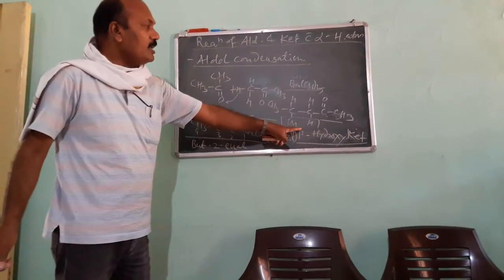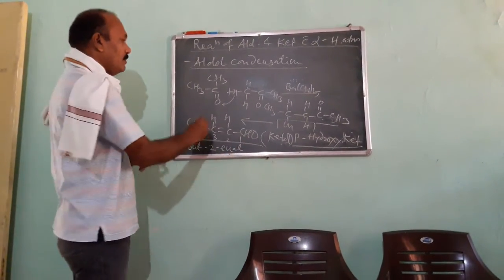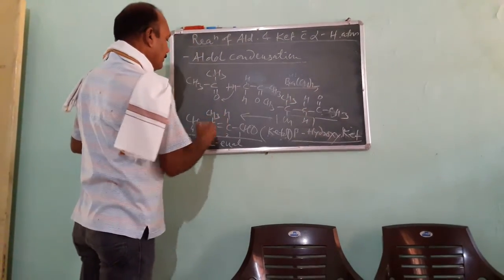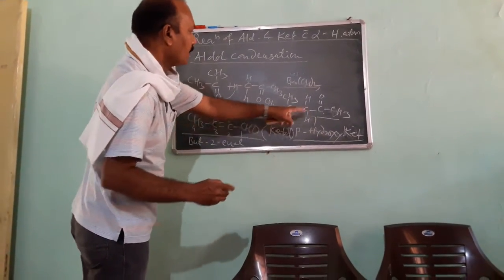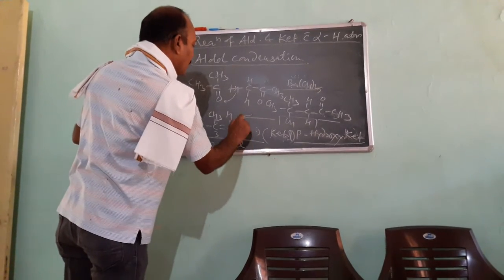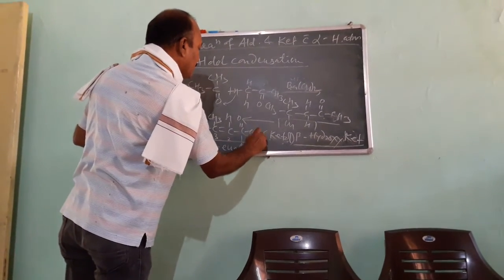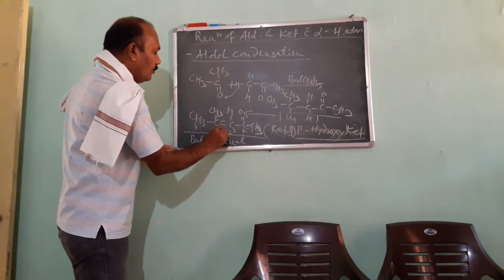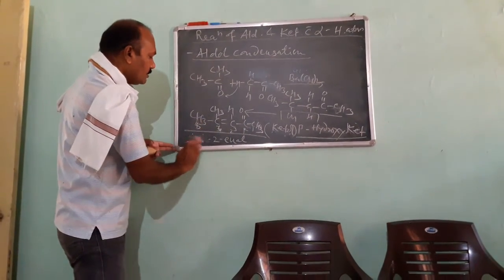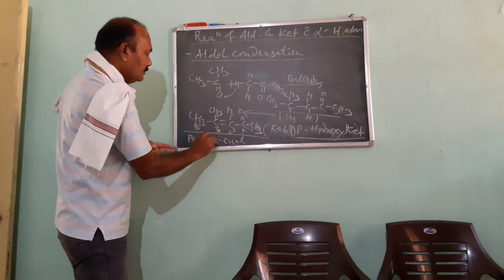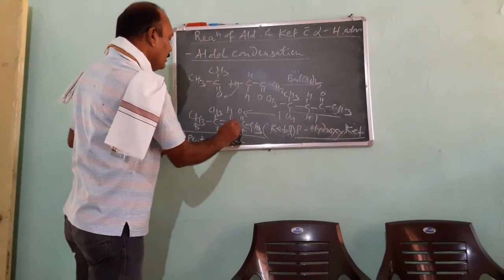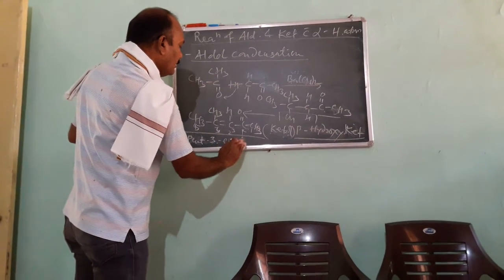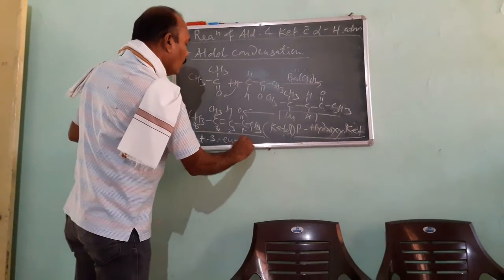So again it loses a water molecule and there is formation of this type of compound, CH double bond O and CH. The compound containing 1, 2, 3, 4, 5 carbons. So it is called pent 3-en-2-one.